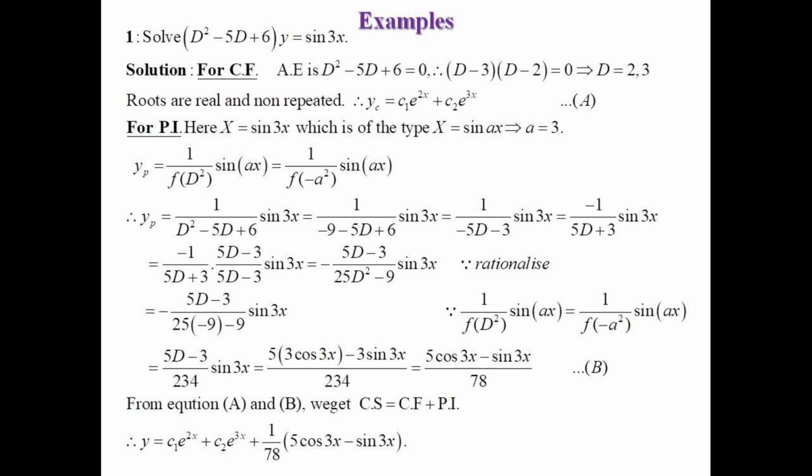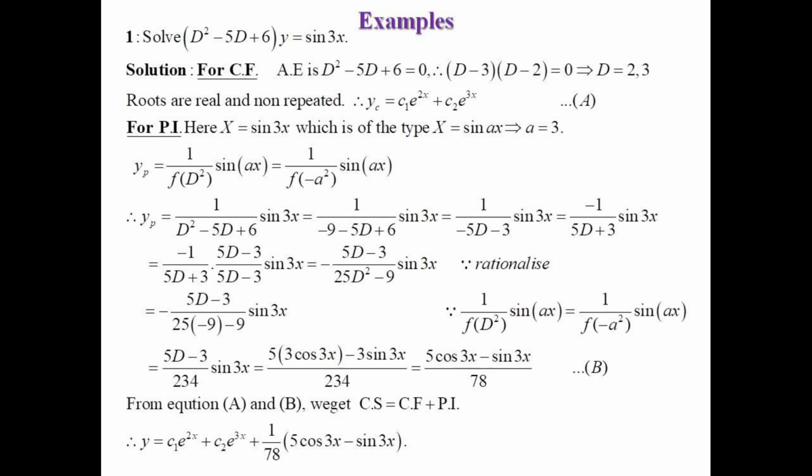To get D square in the denominator so that we can apply the standard formula for the particular integral, let's rationalize this term. What does rationalizing mean? In the denominator we got the term 5D plus 3, so multiply and divide by 5D minus 3, so that we can rationalize this term, and after rationalizing we get a D square term in the denominator. The numerator is 5D minus 3, the minus sign is common, and again apply the formula a plus b and a minus b equals a square minus b square.